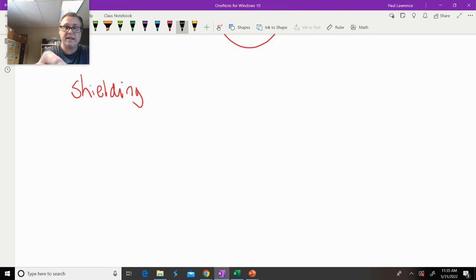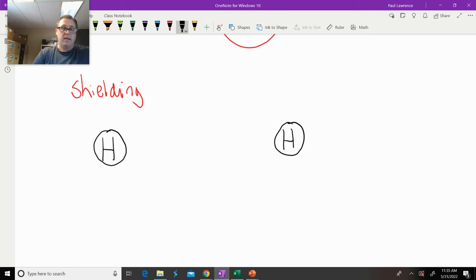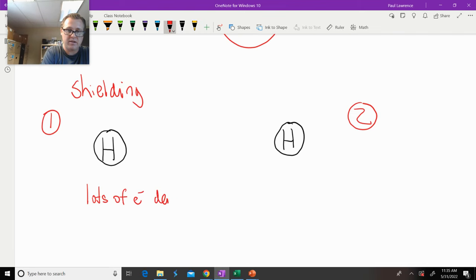Let's draw an example here. Let's say I have a proton here and a proton here. We'll call that proton 1 and this proton 2 for reference. Let's say proton 1 has a lot of electron density, which I could represent with that red.